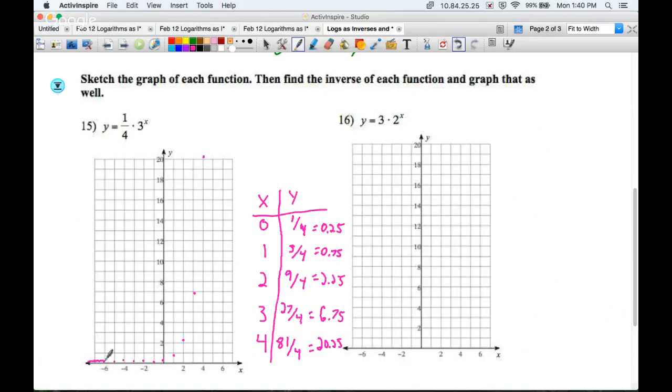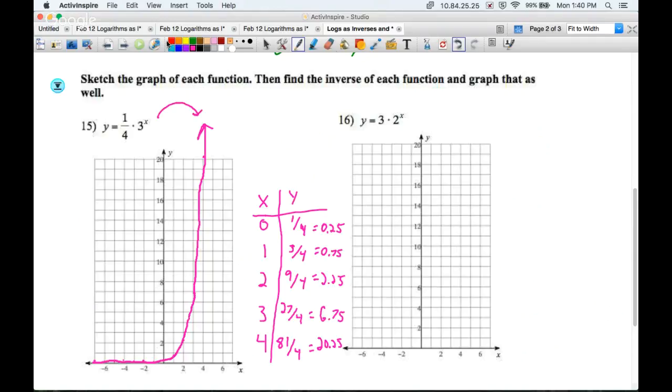So there's a graph of our function. Do a better job connecting these dots. Here we go. Nice flat line. Then it grows very quickly. All right. So that is this function here.